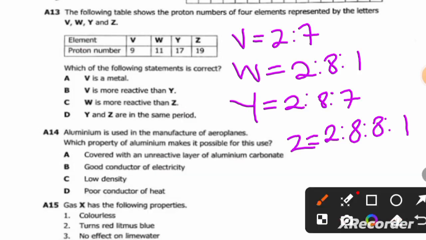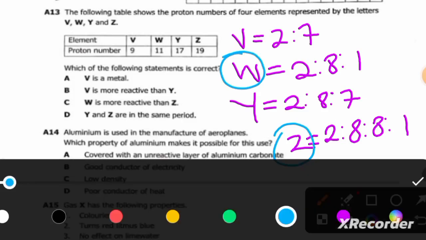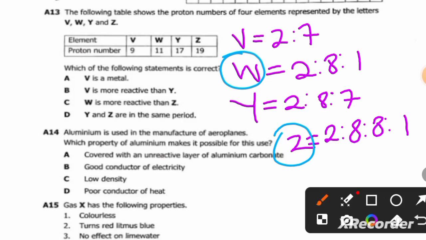So we can see that these two elements W and Z are coming from group 1. Why are we saying they are coming from group 1? They have 1 electron in the outermost shell. V and Y are coming from group 7.